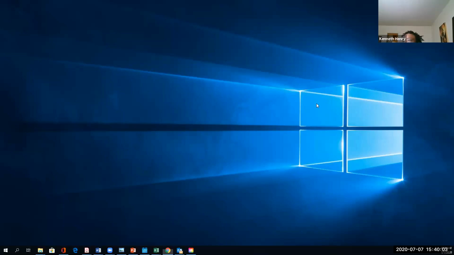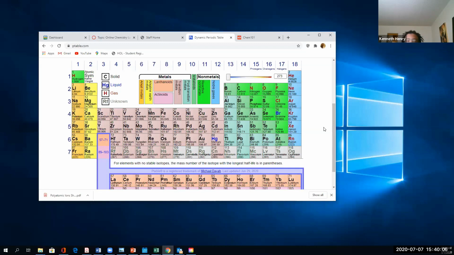You see my screen? Where's hydrogen located? Which group? The first one. Group 1, right? So what do we know about group 1 metals? What do they do when they form ions? What charge do they take? +1. Guess what hydrogen does when it's in solution and it's with a non-metal? Guess what charge it takes?